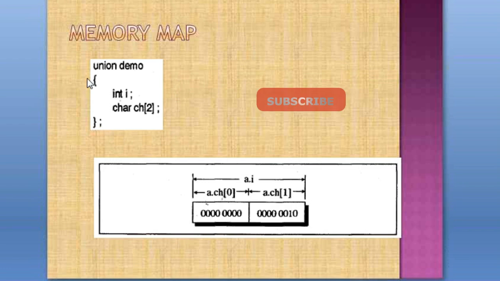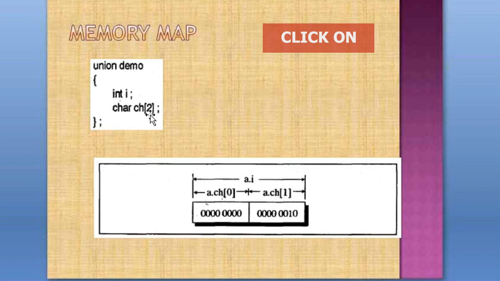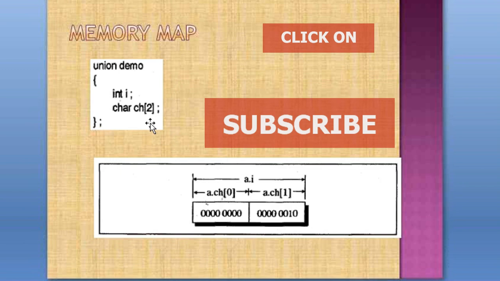Here, a union of type demo is defined in this way. It has two variables, int i and char ch of 2, which means two characters are stored. So for a structure, if it is not a union, how many bytes will be required for storing this data? How many bytes are required to store this structure?